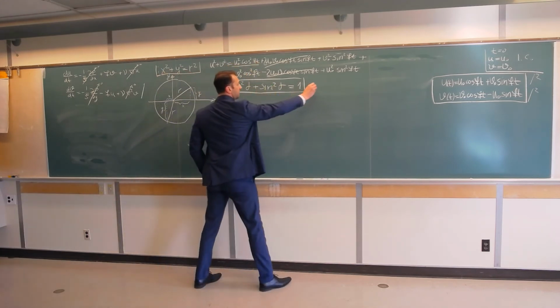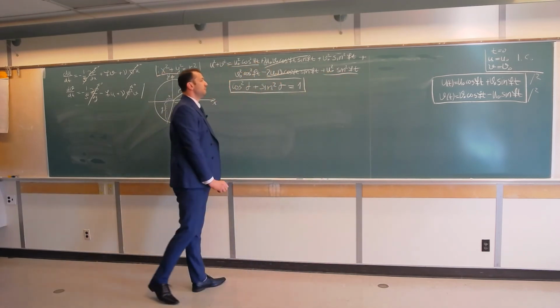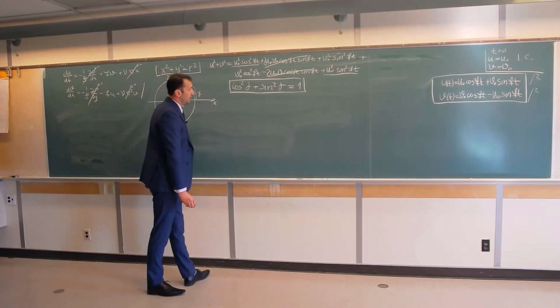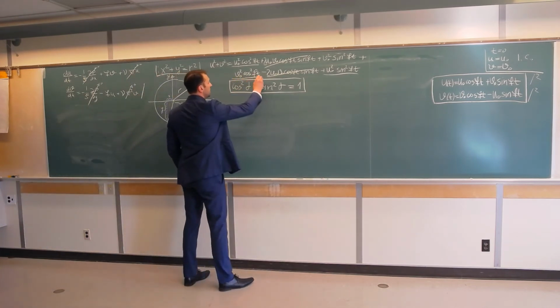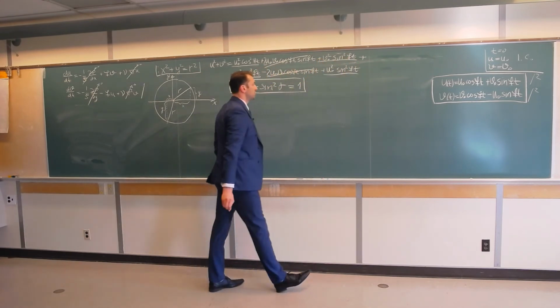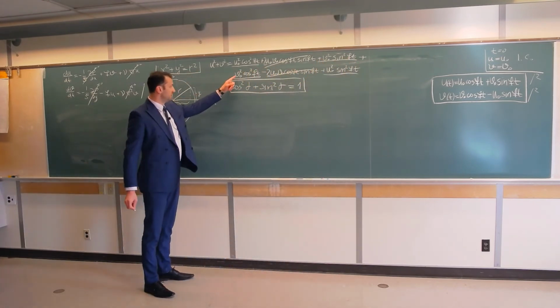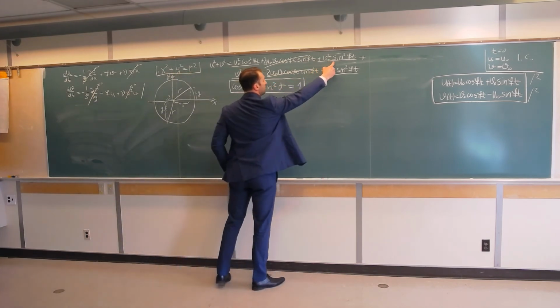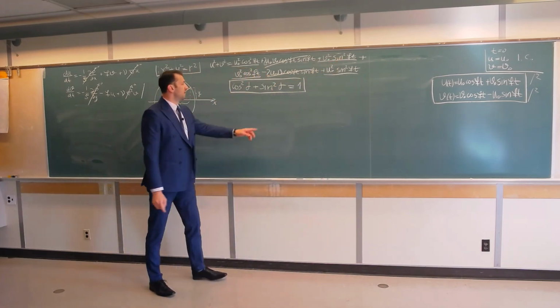So this and this together will give me just u naught squared. Similarly, if I combine this term and this term, I will just get v naught squared, because cosine squared ft plus sine squared ft will give me 1.